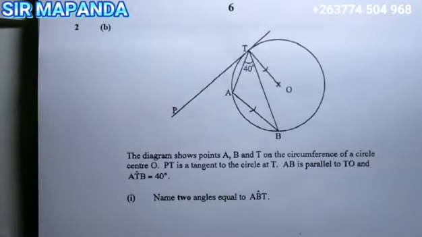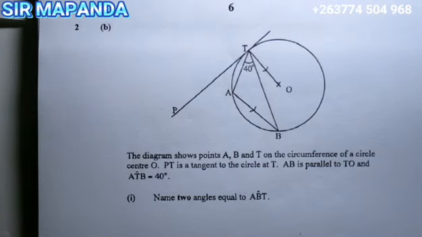Diagram shows points A, B, and T on the circumference of a circle, center O. PT is a tangent to the circle at T. AB is parallel to TO, and ATB is equal to 40 degrees. Name two angles which are equal to ABT.